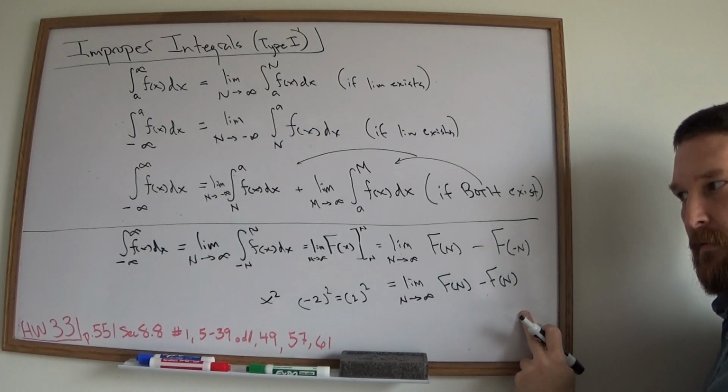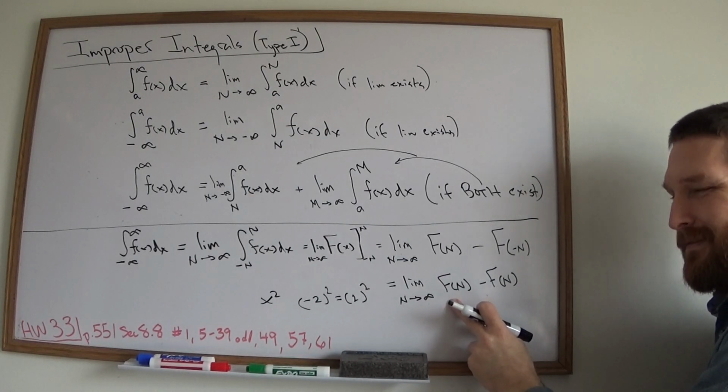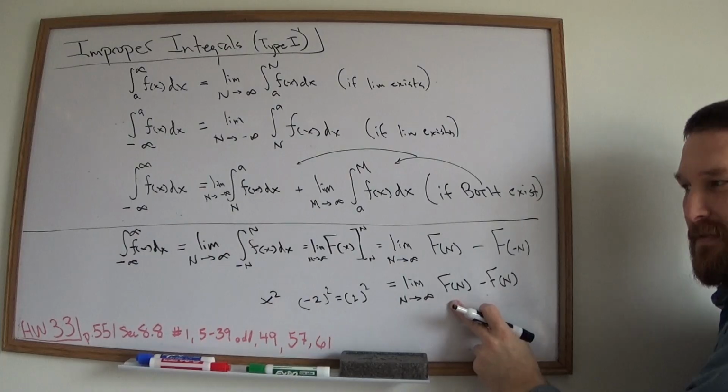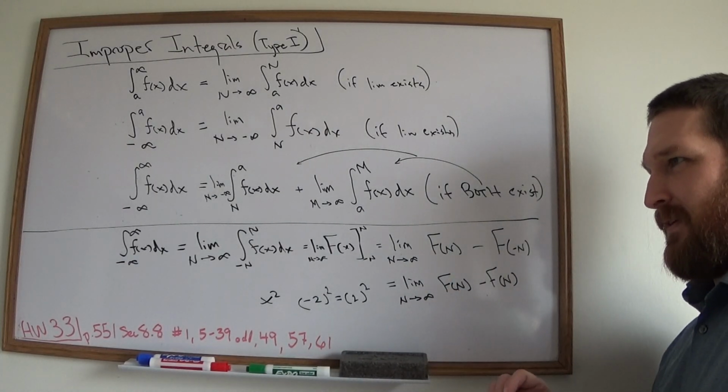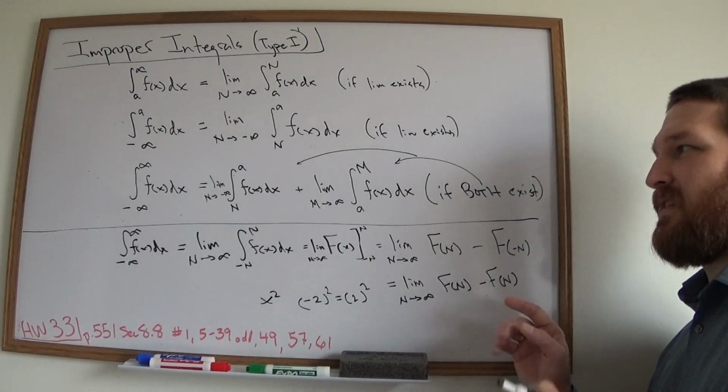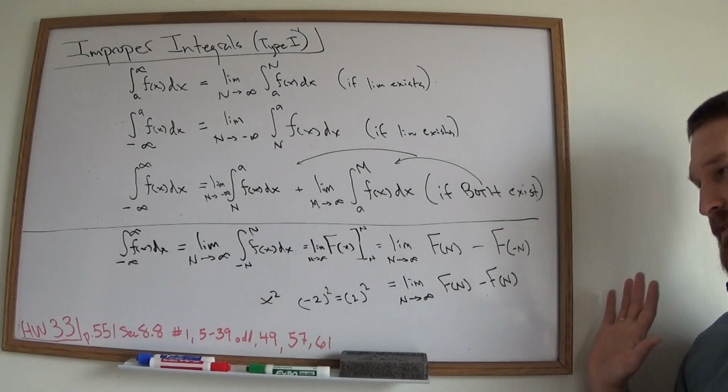Always. But it's infinity, so it's infinity minus infinity. Well, or is it? And that's what I'm saying. Do you do this first and then compute the limit? Or do you do this?